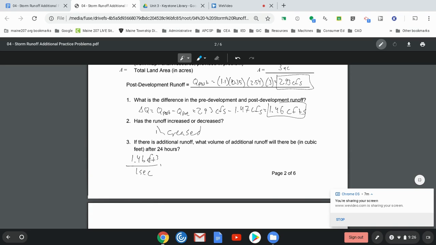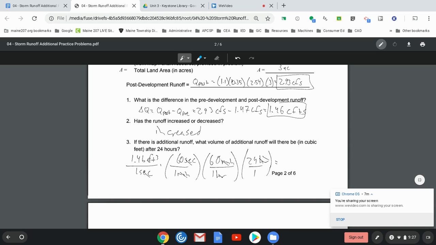So we multiply by 60 seconds in every 1 minute, 60 minutes in every 1 hour, and we're doing this for a total of 24 hours. If you want, put it over 1 as a placeholder. Seconds divide out, minutes divide out, hours divide out, so you're only left with cubic feet.